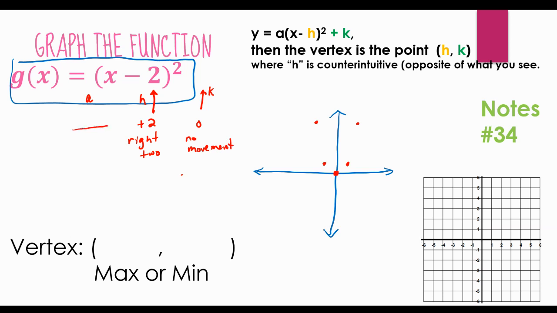Okay, so these two numbers are your vertex numbers. So our vertex is going to be at 2, 0, because remember, H and K is where your vertex is. H is always opposite of what your eye sees. So you see -2, but you use +2. That just means that each dot on the graph is going to move to the right 2.